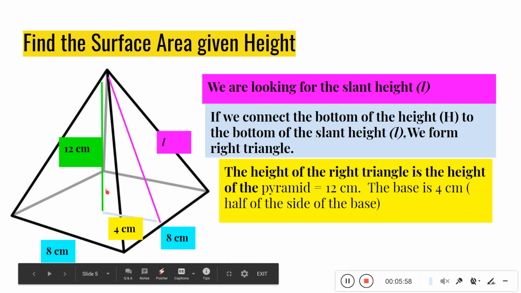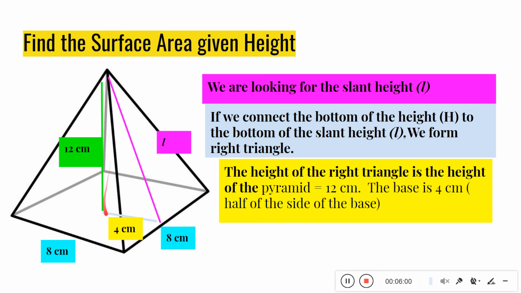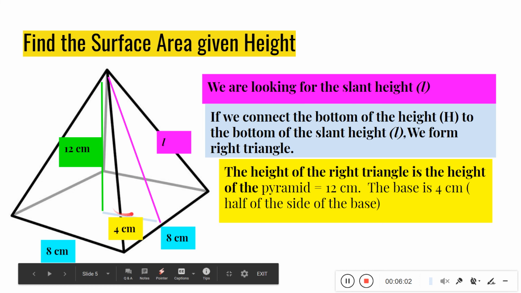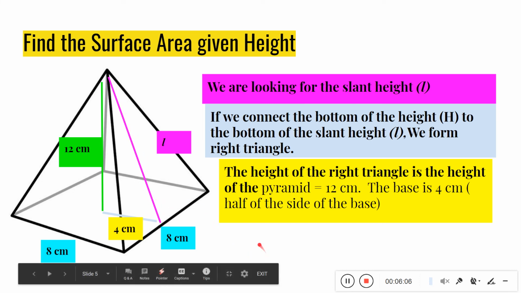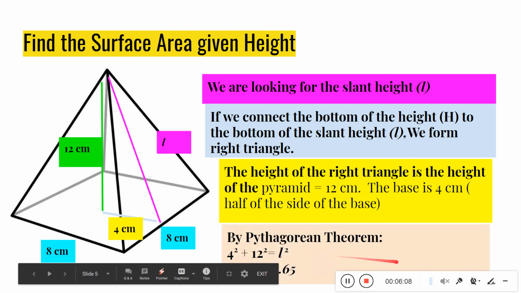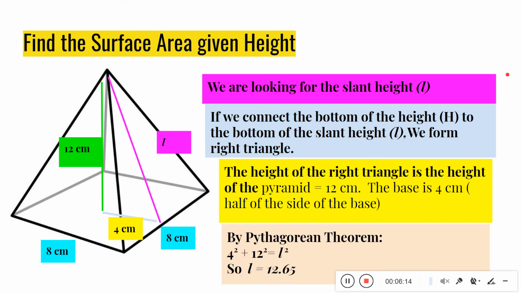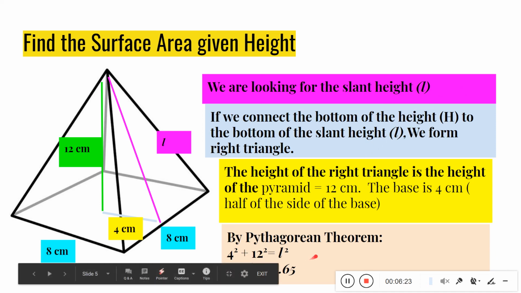Now by good old Pythagorean theorem, we have a right triangle. We know the legs, the slant height is actually the hypotenuse of that right triangle. So we need to use Pythagorean theorem to get that slant height. So we know that 4 squared plus 12 squared equals L squared. L is my hypotenuse. So L comes out to be 12.65.